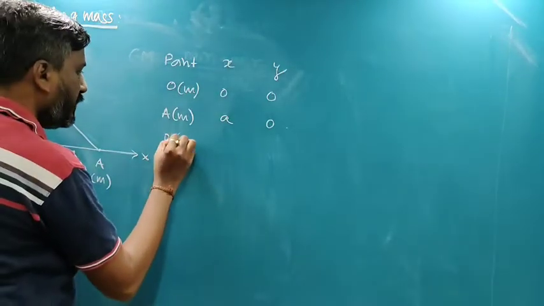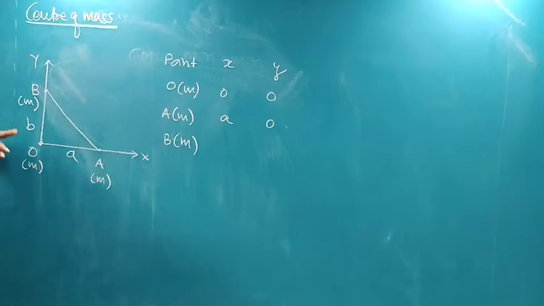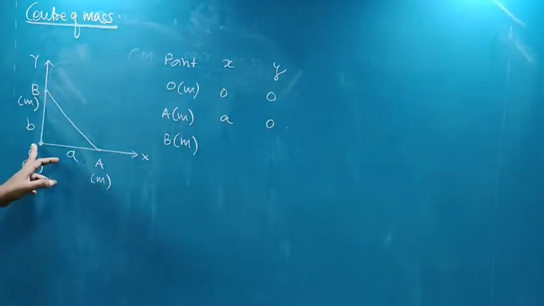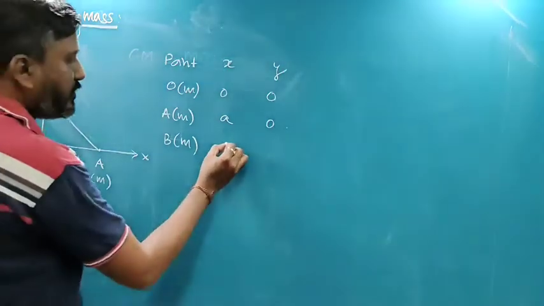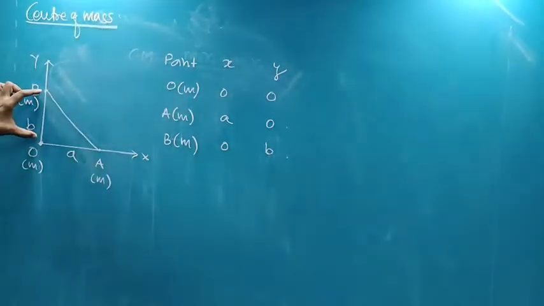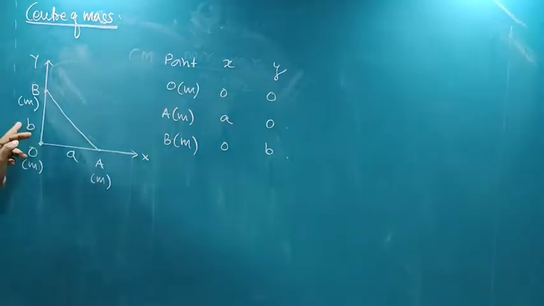Then comes B. At the point B, mass M is situated. Its value along the x-axis is 0, and along the y-axis it is at a distance of b. So the coordinates of O, A and B are (0,0), for A the coordinates are (a,0), and for B the coordinates are (0,b).